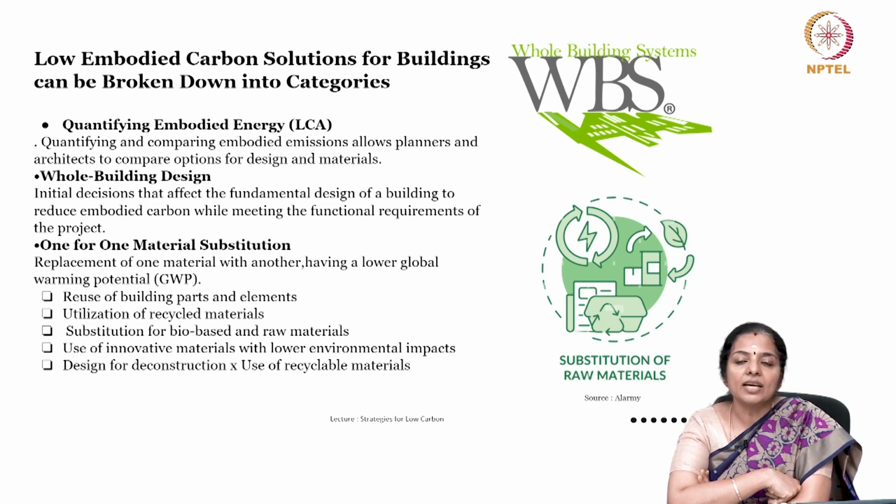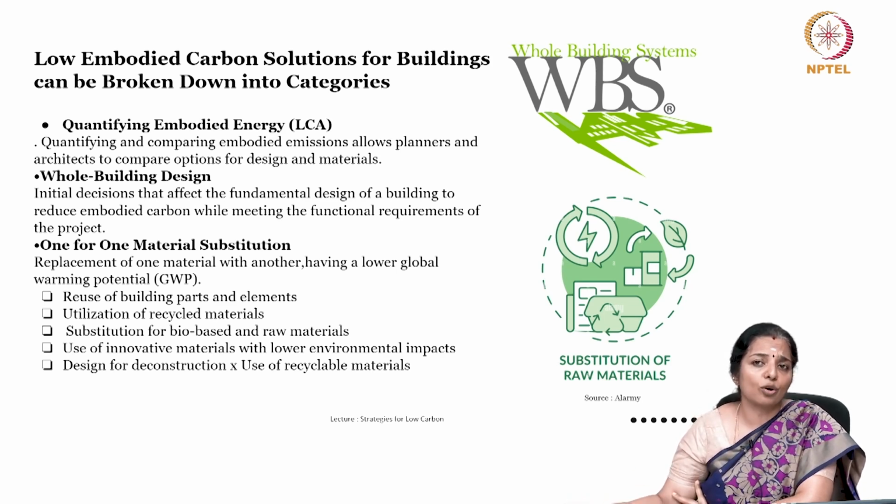This is done by reuse of building parts and elements, utilization of recycled materials, substitution for bio-based and raw materials, and use of innovative materials with lower environmental impacts. We can design for deconstruction and use of recyclable materials.